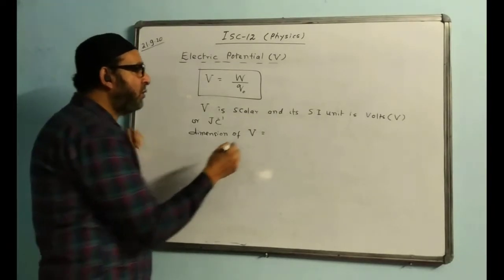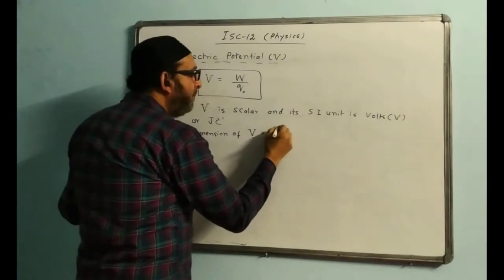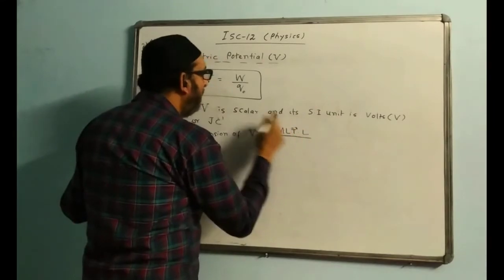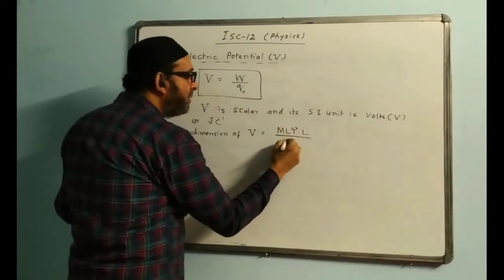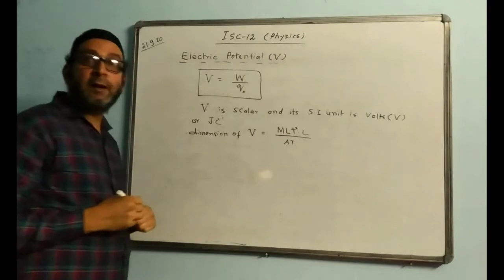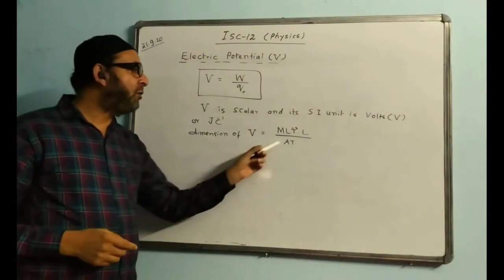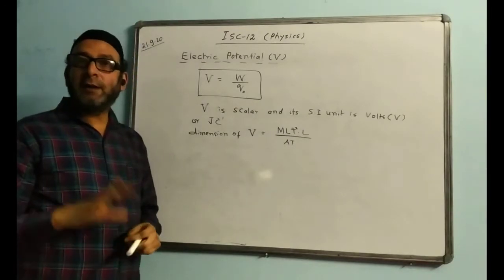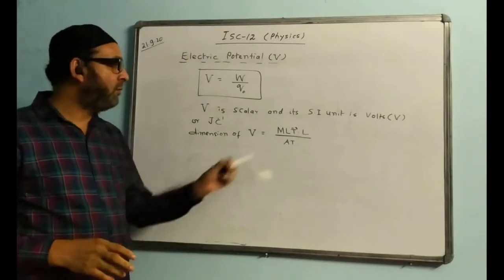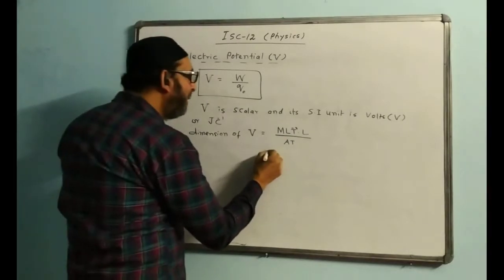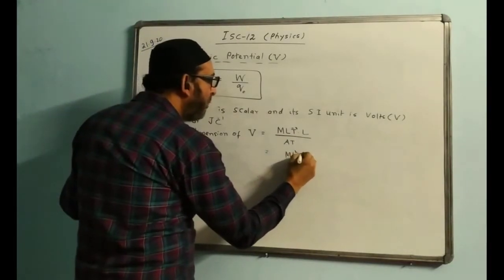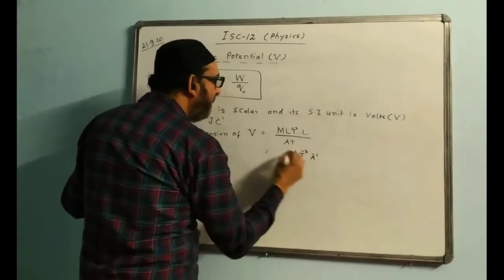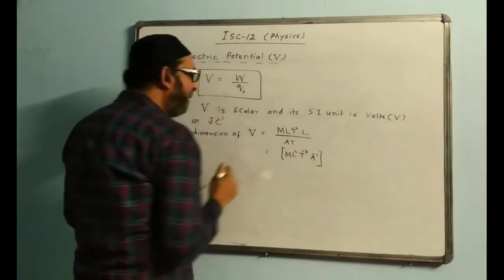Force is mass into acceleration, M L T minus 2, and distance is L. The dimension of Q is A T, current into time. We can denote current by either A or capital I; both are acceptable, so let us write A only. Ultimately, your formula becomes M L squared T minus 3 A minus 1. This is the dimension of electric potential.